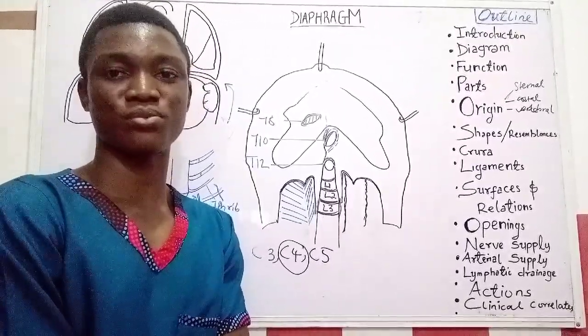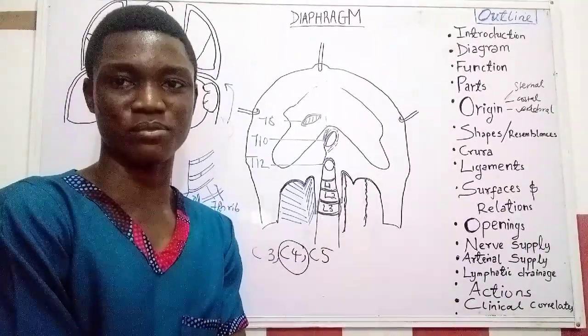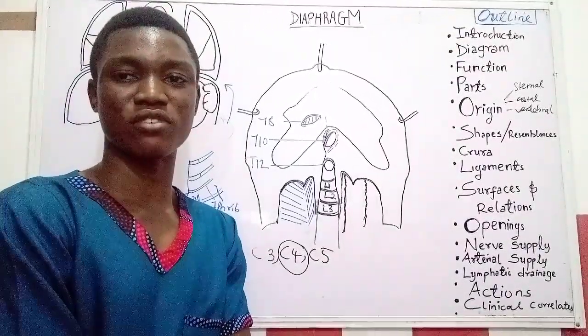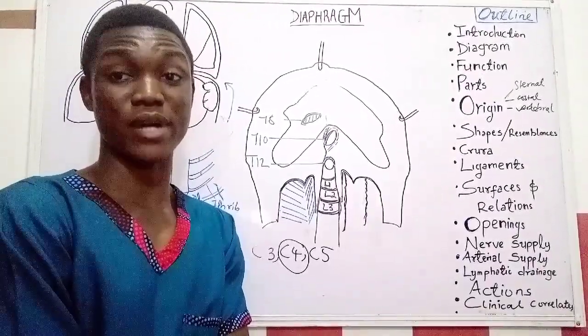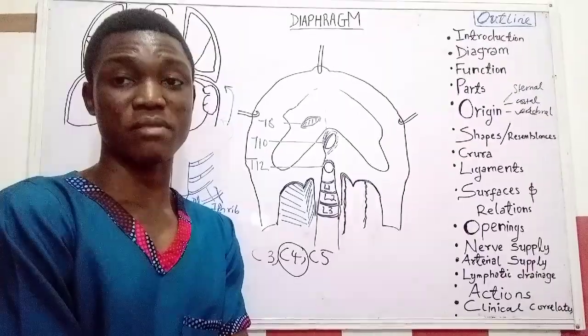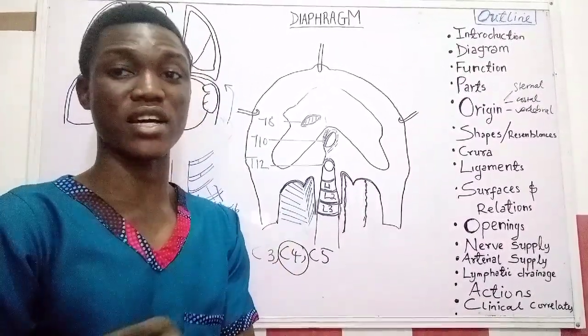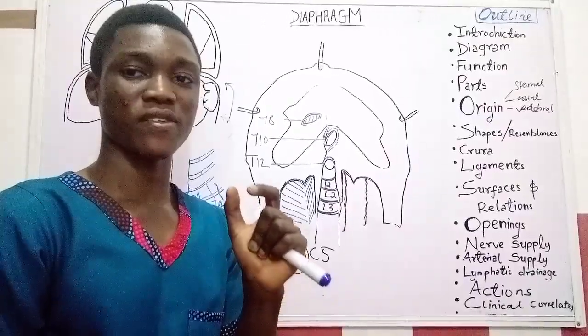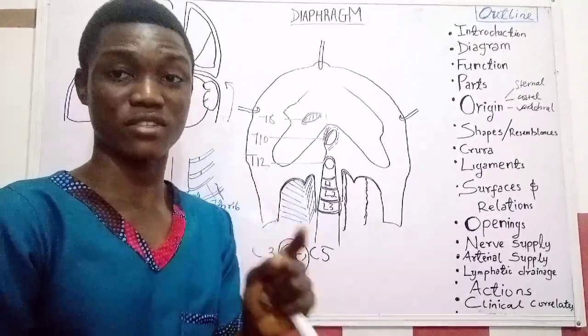Okay, so we'll be going to the clinical correlations of the diaphragm. One of the clinical correlations of the diaphragm that is very important is paralysis. Paralysis occurs due to damage to the phrenic nerve that supplies the diaphragm. Remember, the phrenic nerve is composed of C3, C4, and C5 fibers, with the C4 predominating.